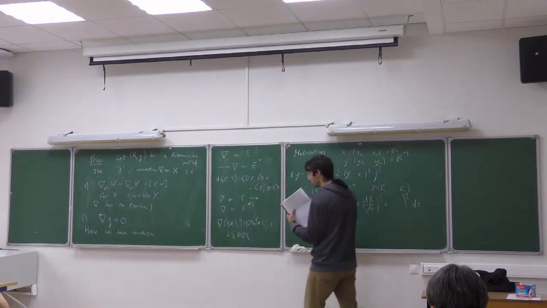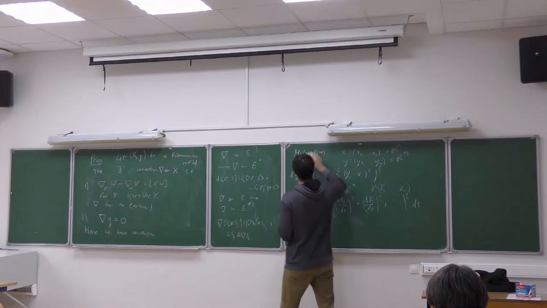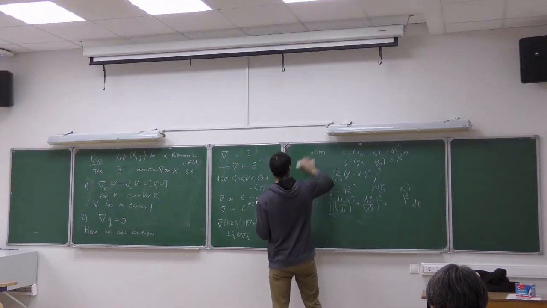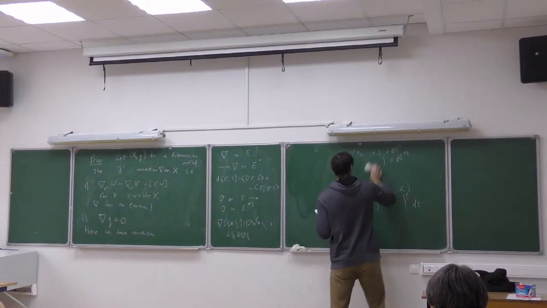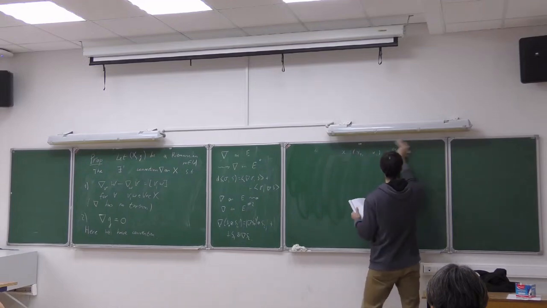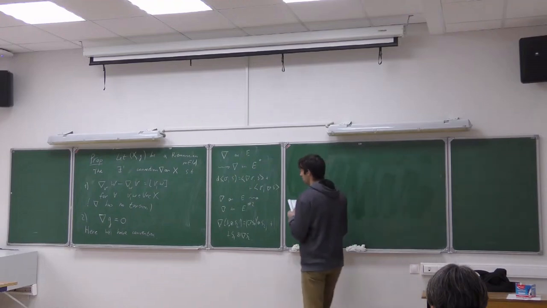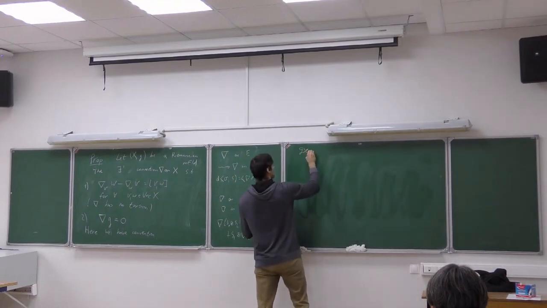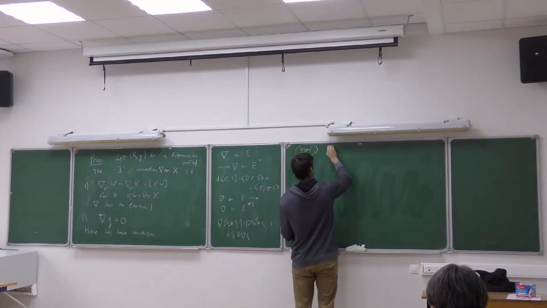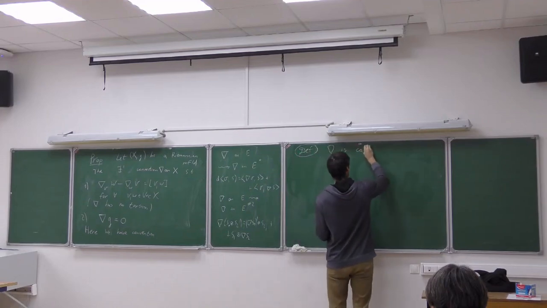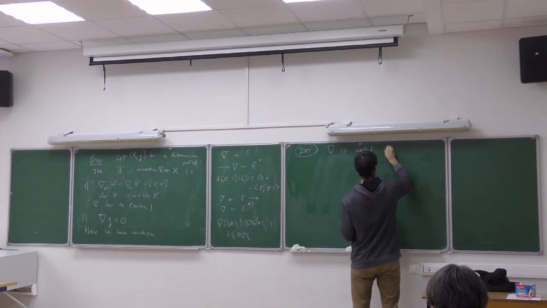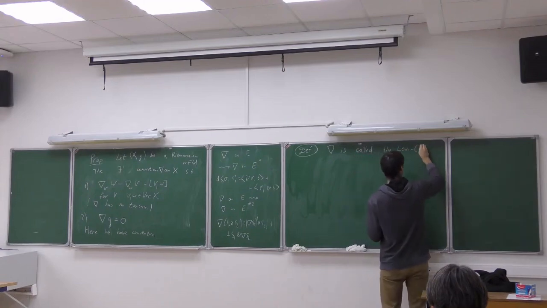All right. So let's prove this proposition. First of all, the definition is that such a connection is called the Levi-Civita connection. Nabla is called the Levi-Civita connection.